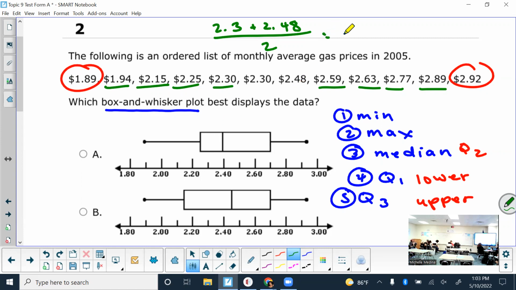So that's my Q2. So that should be on my box and whisker plot. And then, since it's between these numbers, when you do your crossing out for your upper and lower quartile, it should look like this. You never cross out your actual median.